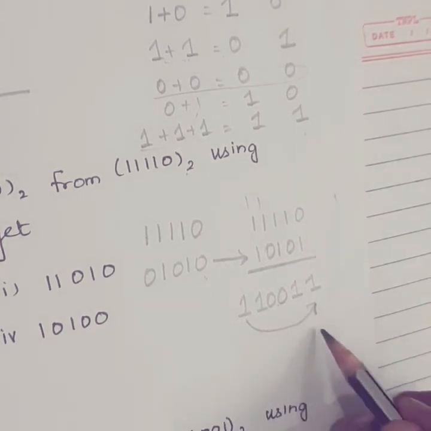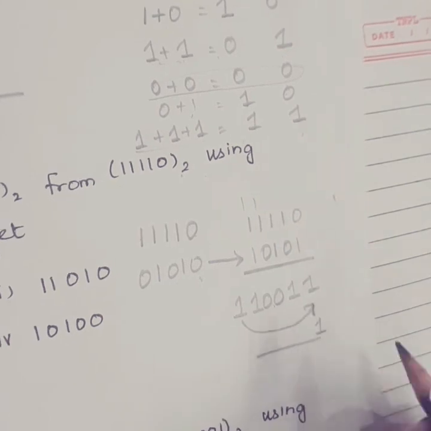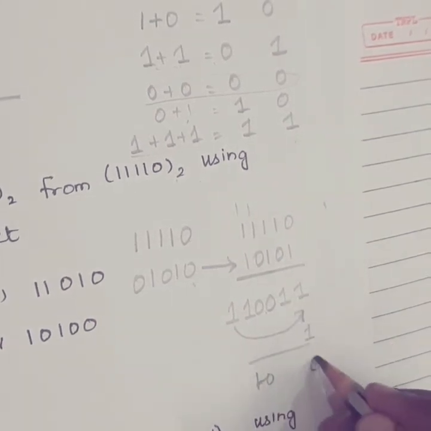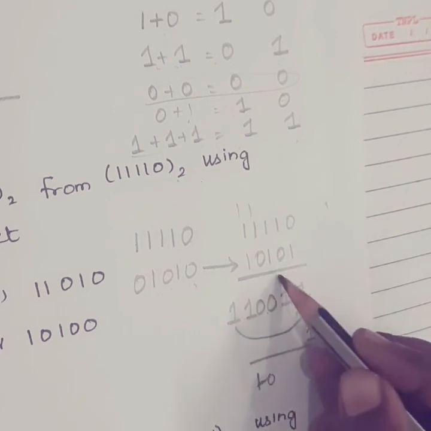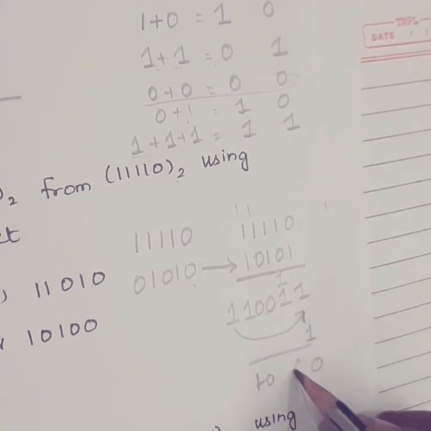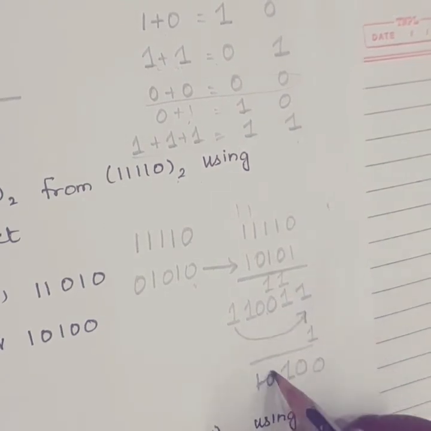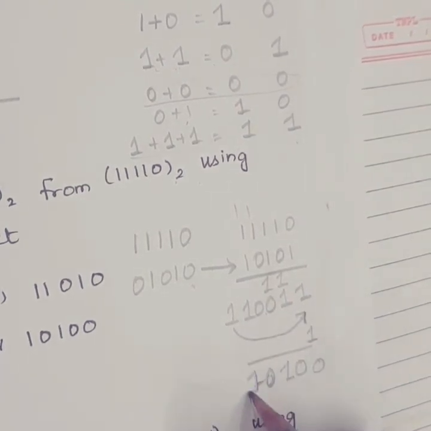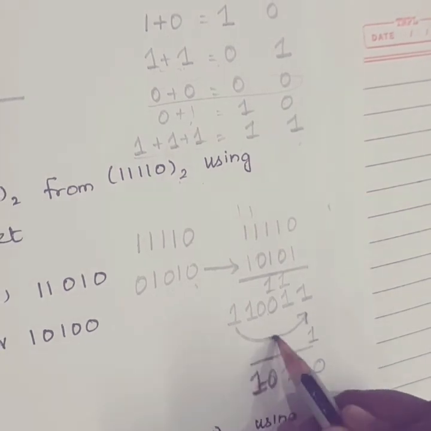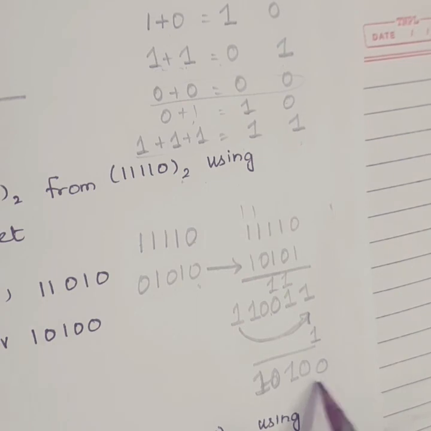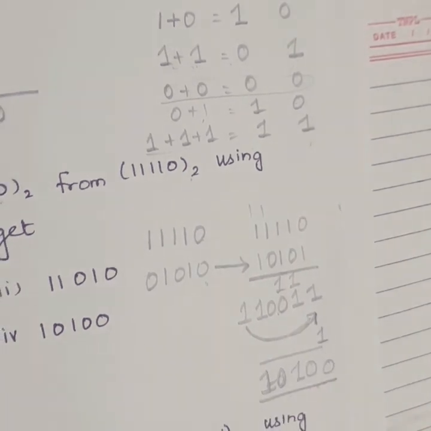So sum 0, carry 1, and you get 1. The next one is 0, the next one is 1. So the answer is 10100. This is the answer.